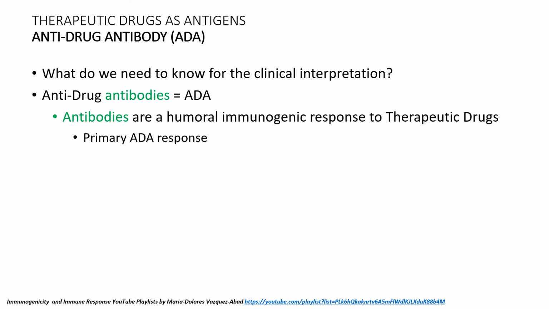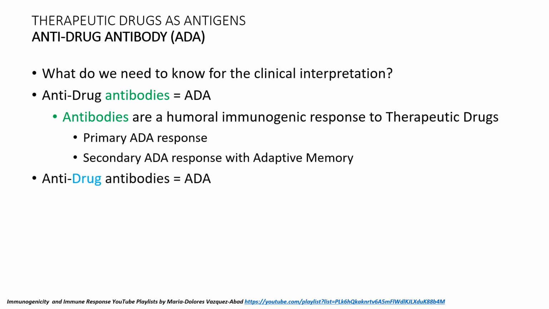Primary anti-drug antibody response is different from secondary anti-drug antibody response, which is the one that has shown adaptive immunological memory. This is important when we are looking at a particular drug. Is this going to create a permanent or persistent anti-drug antibody response? And then the next question is, is it causing any trouble? And that is in another video.